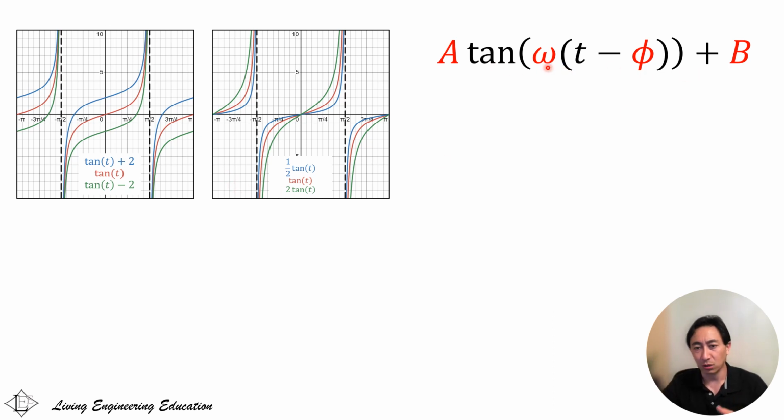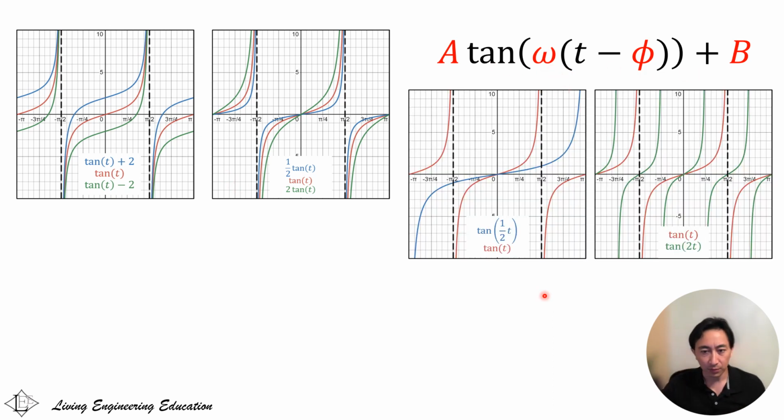What about this one, the omega value? I tried overlaying all three graphs on one, and I think it gets a little confusing. So I separate the two here. I have tan t in red in both cases, and then in blue over here, I have omega of 1/2, right?